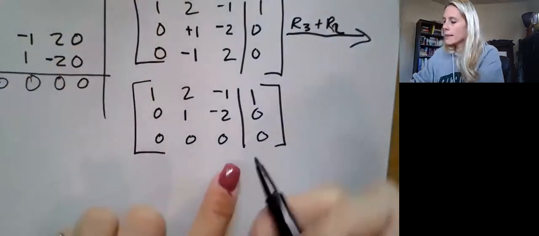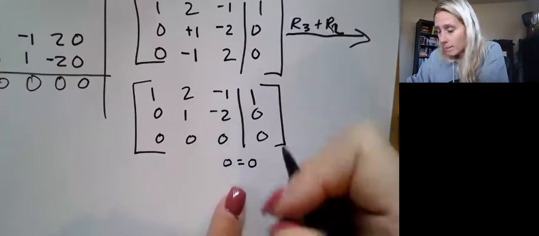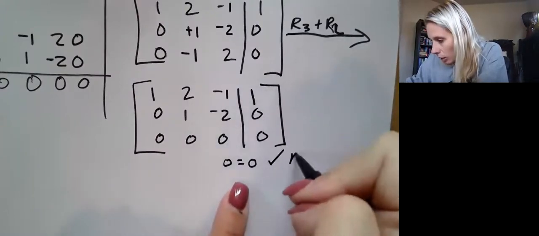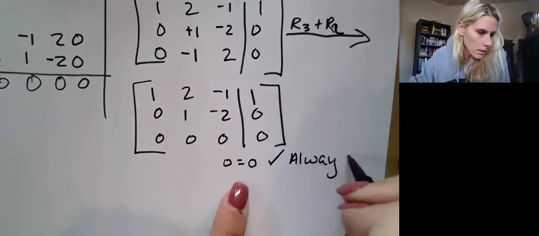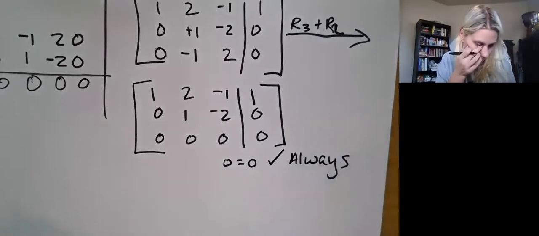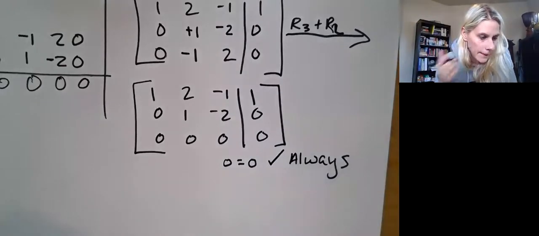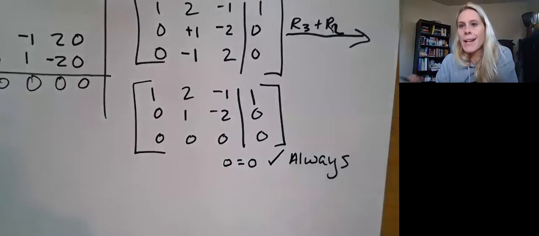Okay, what I want you to analyze here is that we're getting 0 equals 0. Does that happen? Yes, it always happens. So what we're going to do now is we're going to set, this is the one where it is infinite.